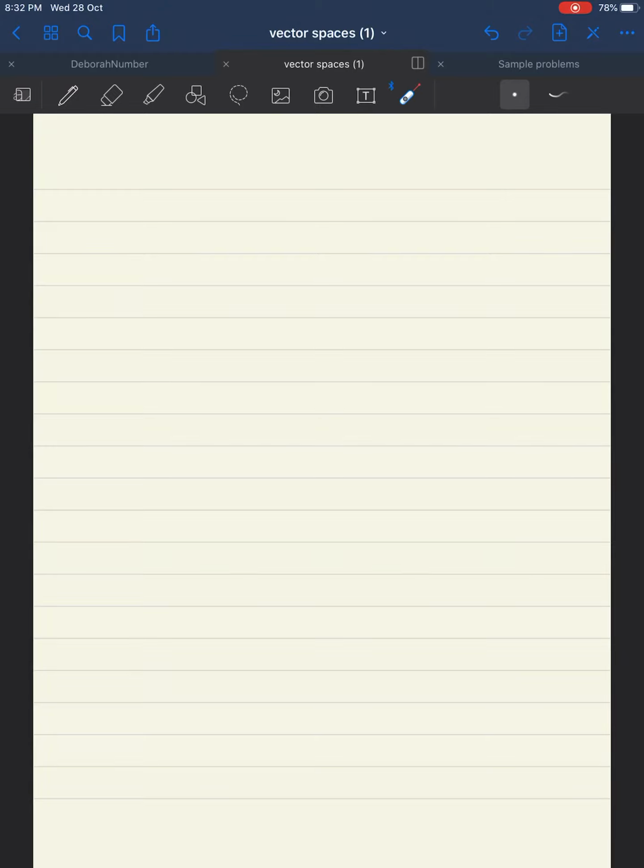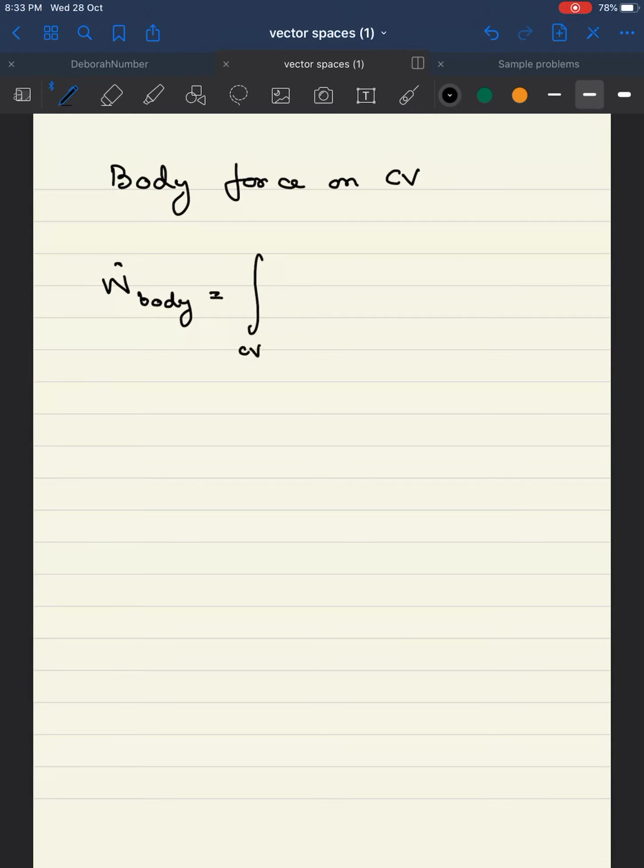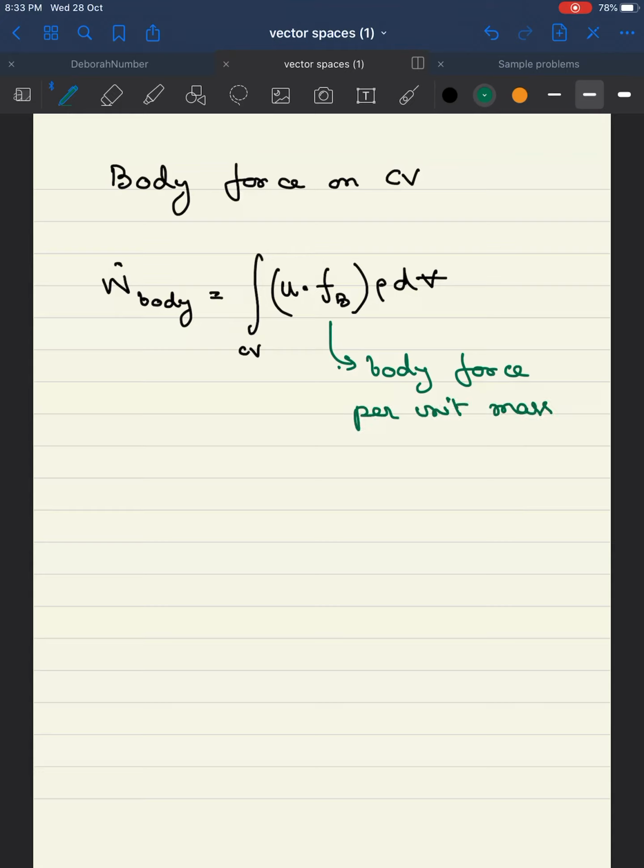If there's a body force, for example, let's say there's a body force on the CV, then the work done due to the body force can be written as integral of U dot FB rho dV, where FB is the body force per unit mass, and this U is just the velocity, right?